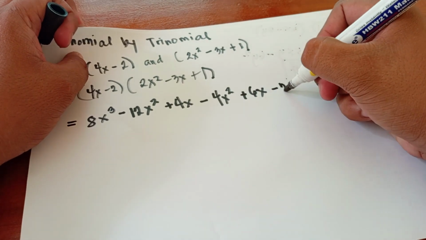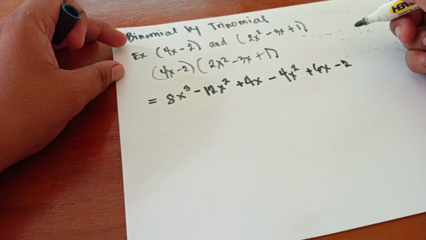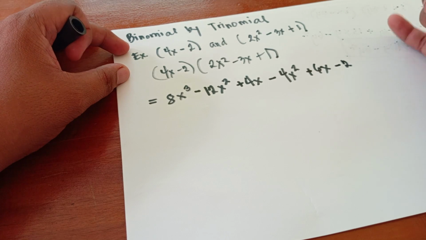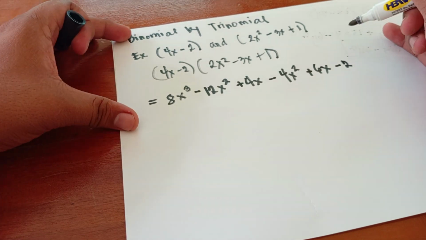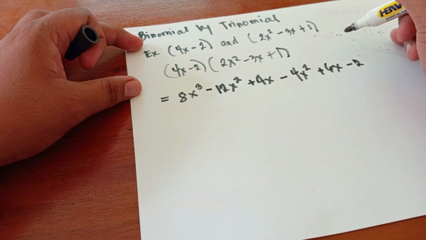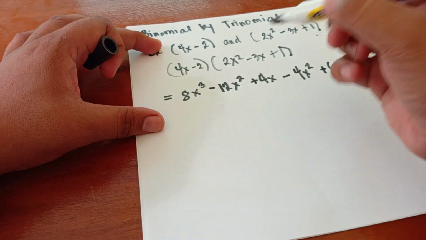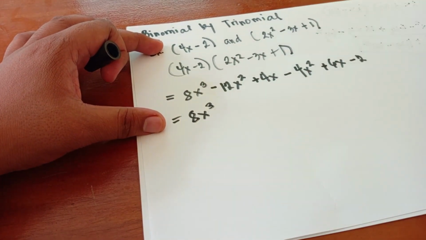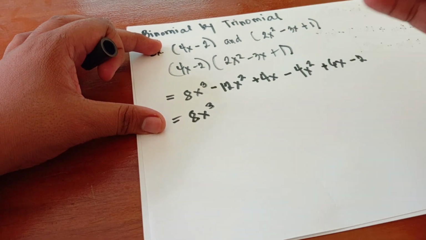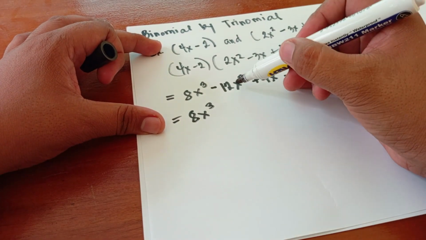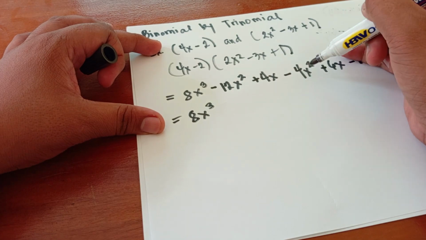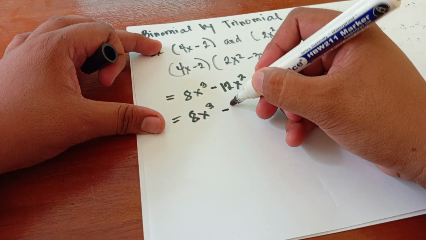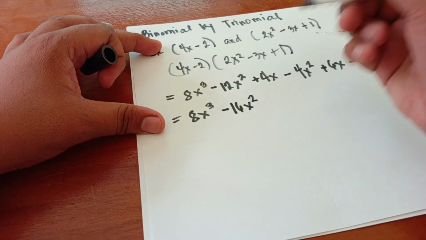So we simplify the product by adding or subtracting the terms with the same variables. We have 8x cubed. Then negative 12x squared minus 4x squared, so we have negative 16x squared.